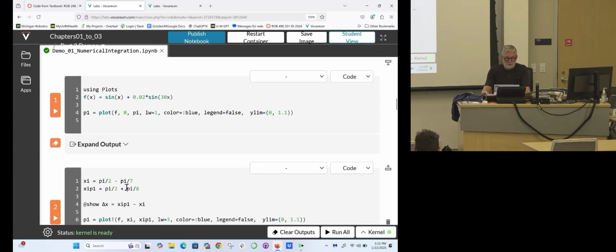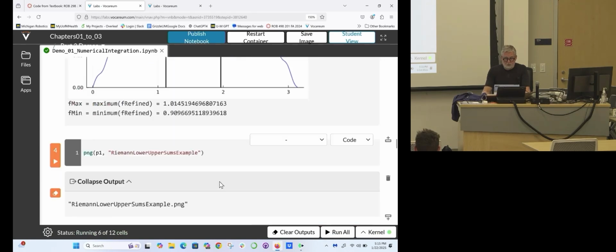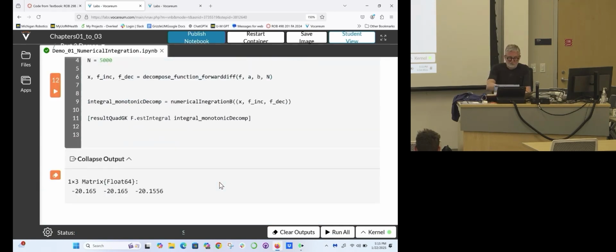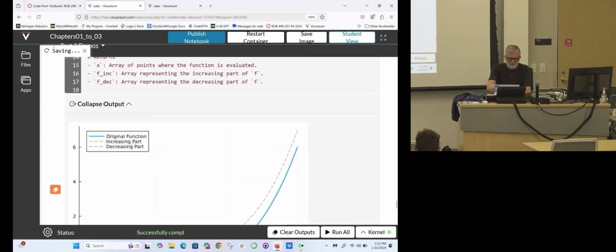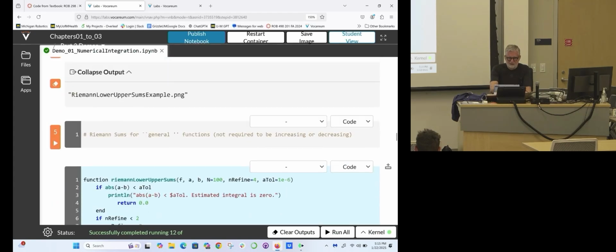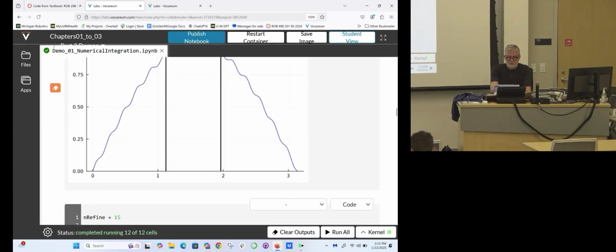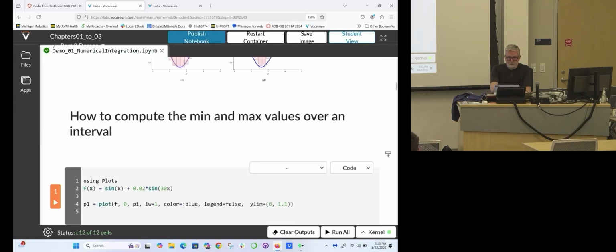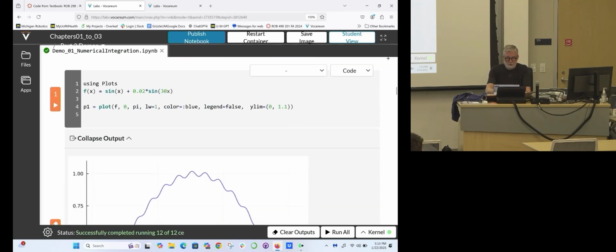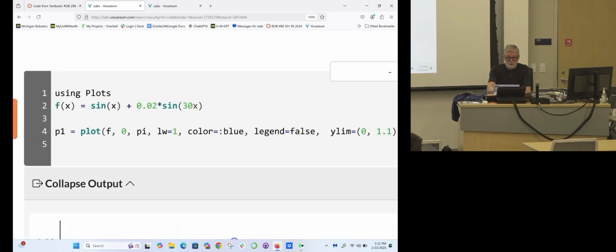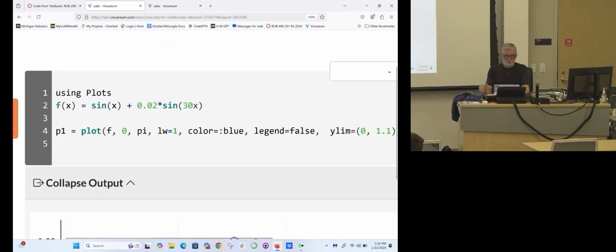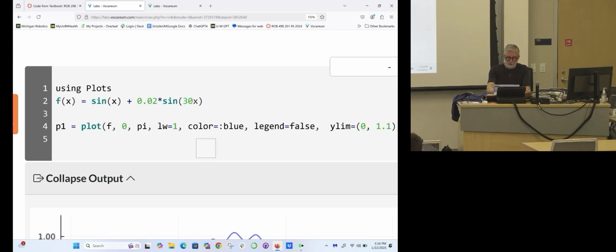Okay, so let's just run through these real quick. I'll let them run and we'll come back to them. Okay, so we now know where to find this stuff. So here's a fairly simple function, sine of x plus 0.02 sine of 30x.